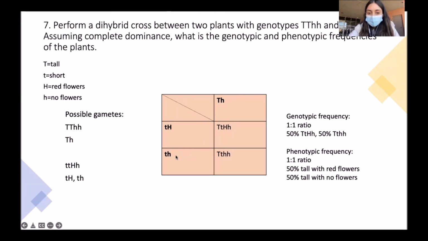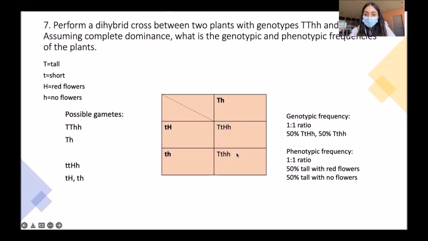So we're going to have 2 different genotypes: 1 big T, big H, little h, and 1 big T, little h, little h. So it's going to be a 1-to-1 ratio, or you can write it as 50% this, 50% of that.